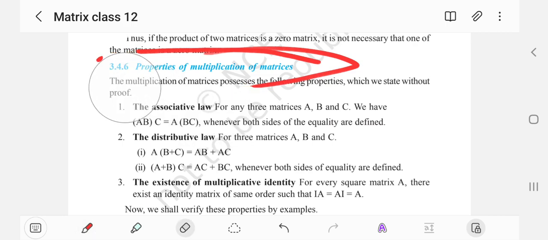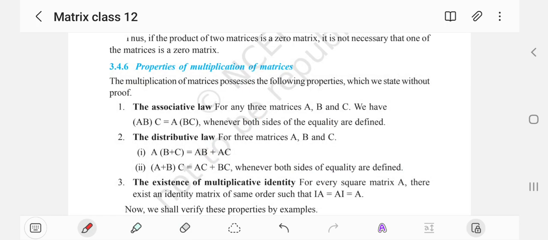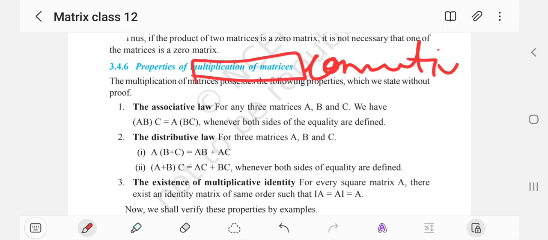Now, if you have seen my video in which I discussed the properties of addition of matrices, then you can very much correlate in this video. I have already discussed the commutativity property in case of matrix multiplication.